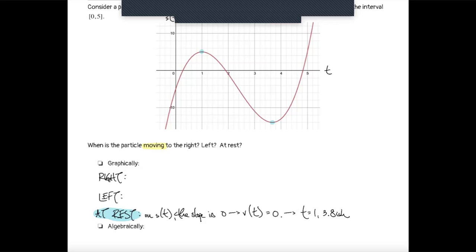Okay, so let's see what answers we had, because I also asked you, when is the particle moving to the right and when is it moving to the left? It looks like we have a mix of answers here. When we're looking for when it's moving to the right, are we looking at the slope of position or the y value of position?